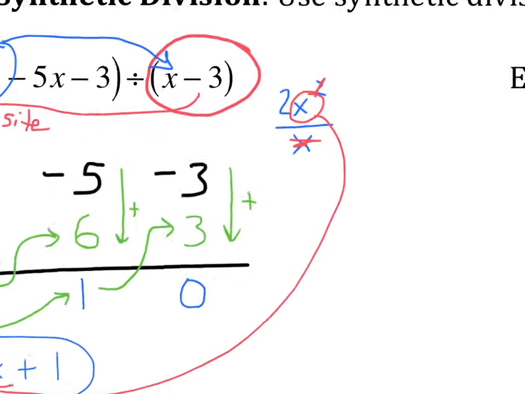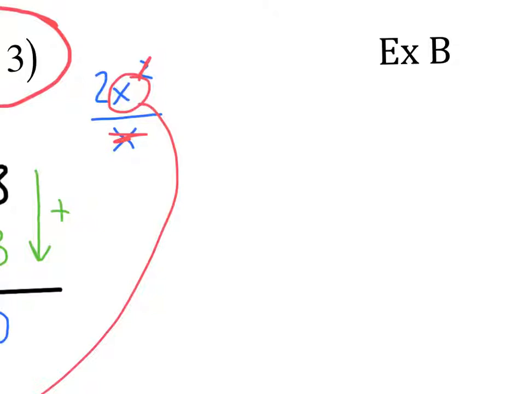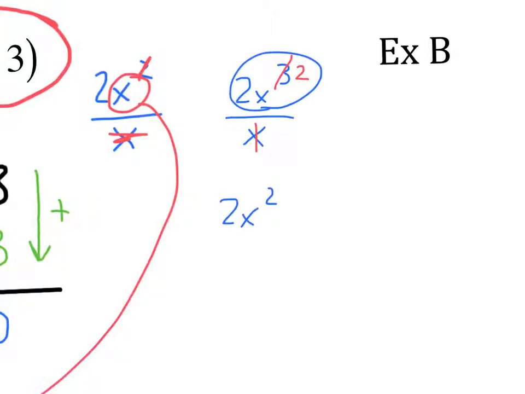If my original term was a cubic, and I'm just making this up right now, and I'm still dividing by a linear term, notice what happens. One of those drops out, and that means my first term's exponent drops down by 1. So instead of originally writing a cubic, I now write a square. Originally it was square, now it becomes linear.